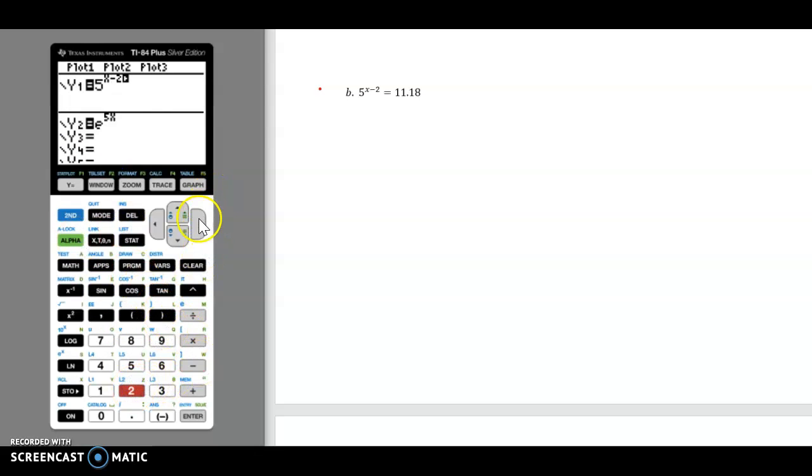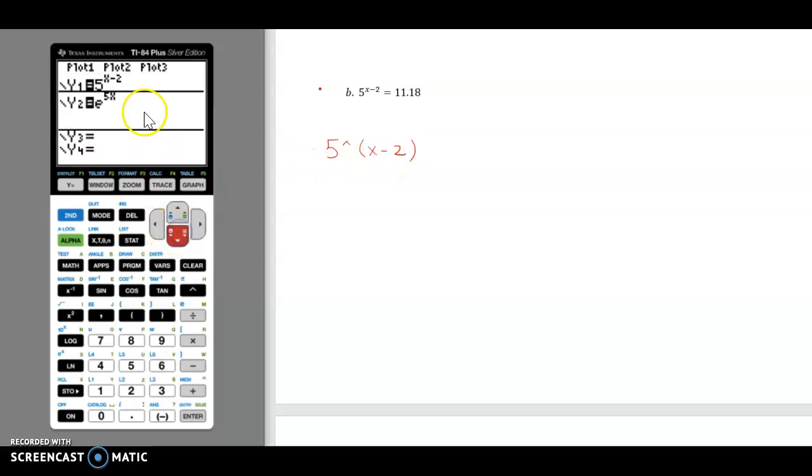So this is a newer version of the calculator. See how it puts everything in the exponent here? If you have the older version of the calculator and it doesn't do this, you're going to need to make sure that when you go to type it in and use the little caret like this, you put parentheses around that exponent, okay? Because if you don't do that, it's going to give you some errors there.